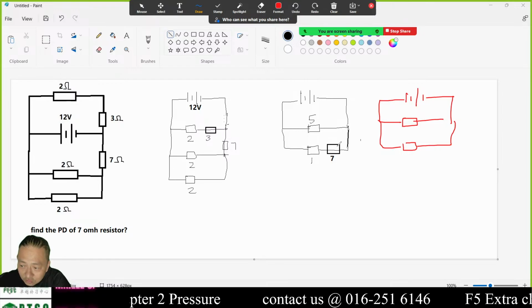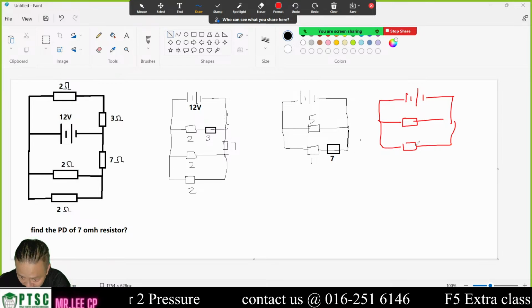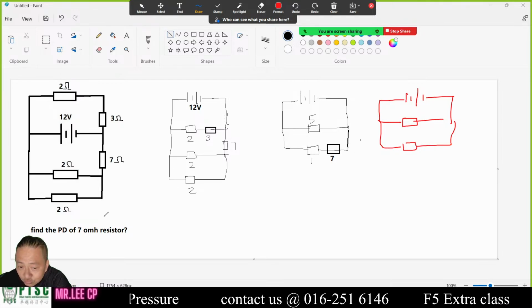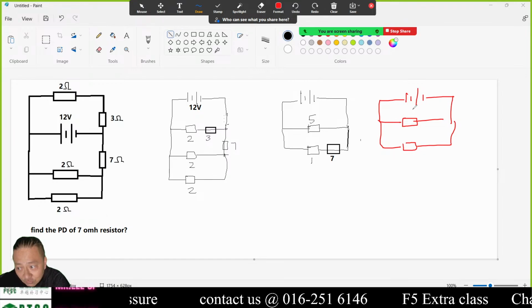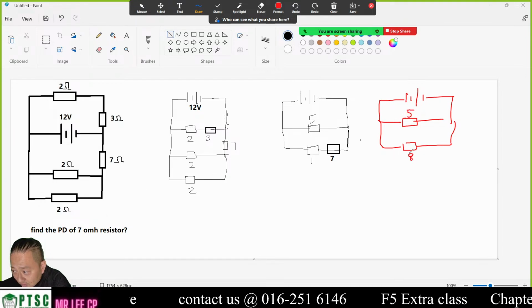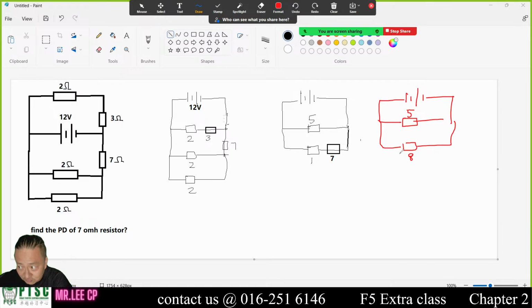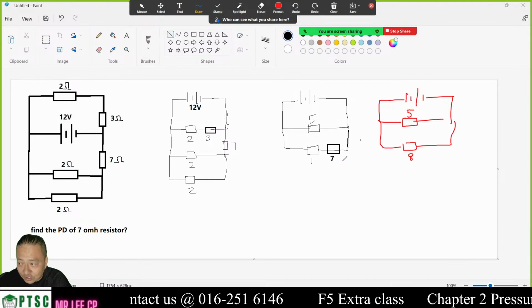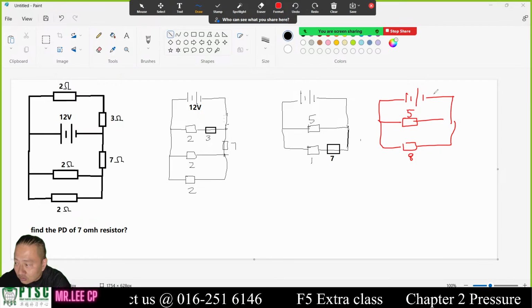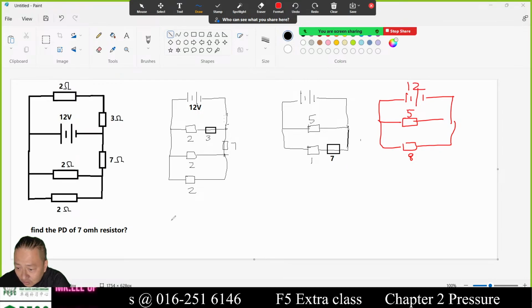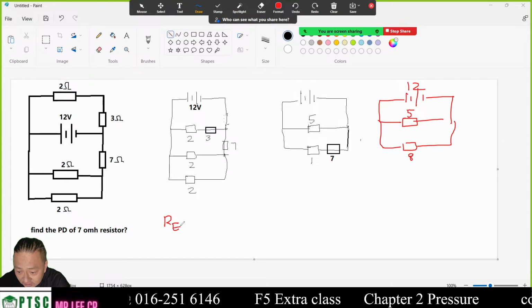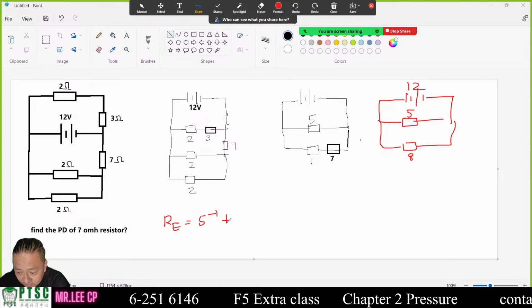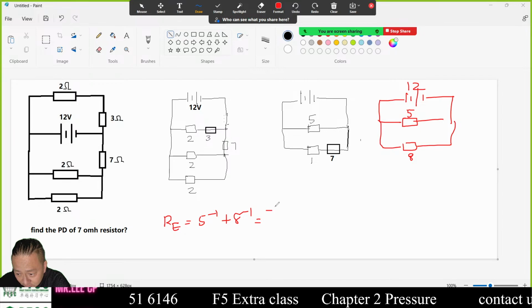Don't go and answer the question first. Learn how to find the effective resistance first, and then find the effective current. Then you do it later. Don't rush to get the answer. So find the effective resistance. Effective resistance is 5 inverse plus 8 inverse equal.